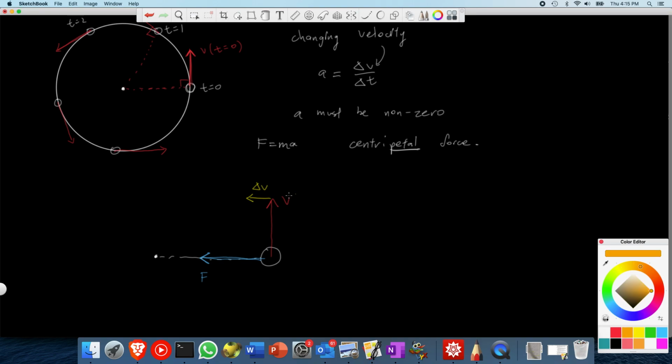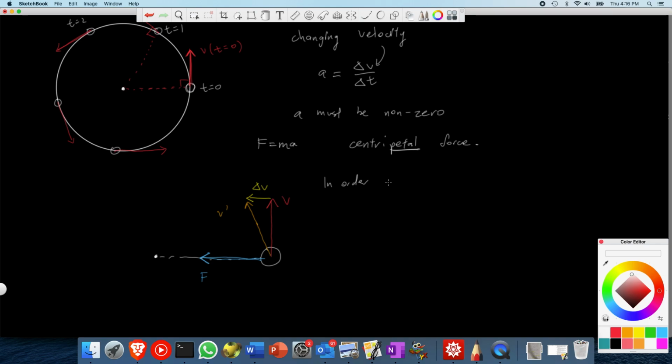Then if we add the current velocity and the change in velocity, we get a resultant velocity that is denoted in orange, V prime. So we can see in summary that in order to maintain circular motion, the object must undergo changing velocity.